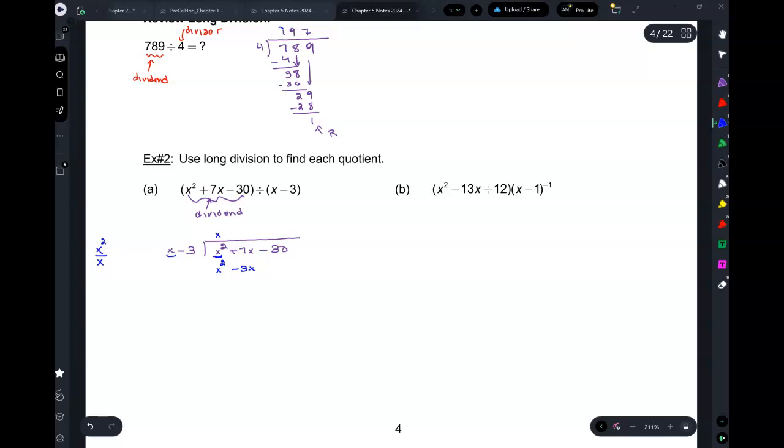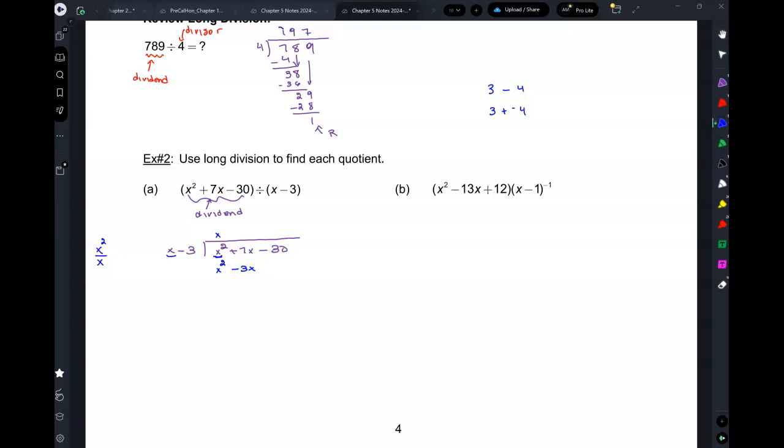Then when I multiplied 1 by 4, what did I do next? I subtracted. Subtracting is the same thing as change the sign and add. If I do 3 minus 4, isn't that the same as 3 plus negative 4?